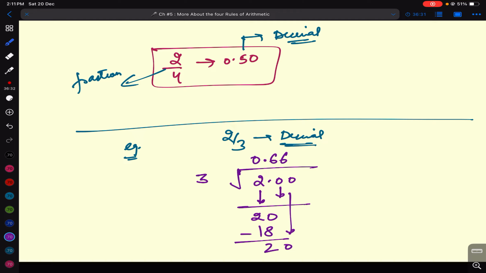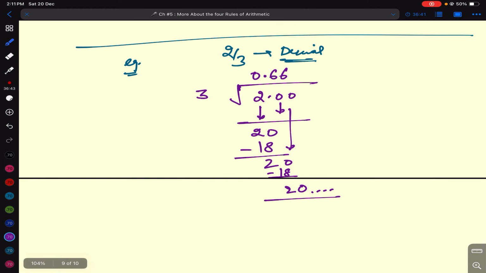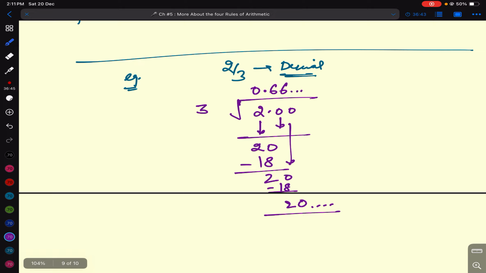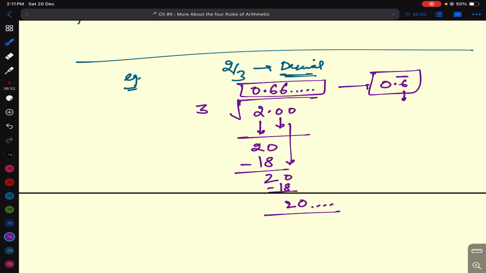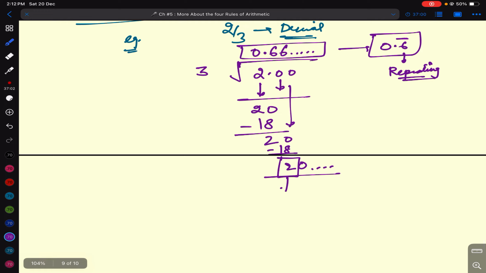Again it is 6, again 18, subtracting gives you 2. Again we will assume a 0 because we already have a decimal, so this will keep going on. We can write it as 0.6 with a bar because 6 is what is repeating. What is the remainder here? This becomes your remainder.